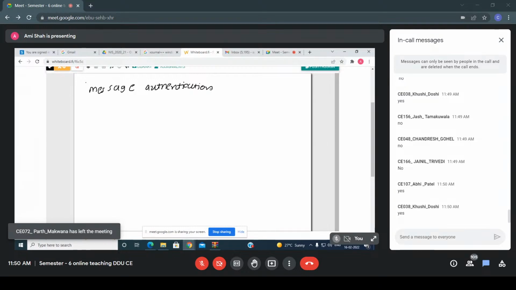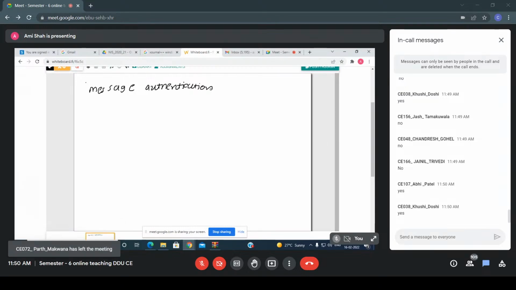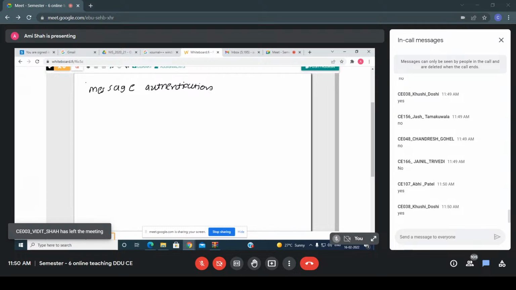Now if both parties have a common key k, what will Alice do? First of all, Alice can encrypt the message. Let me draw the figure here so you can understand.